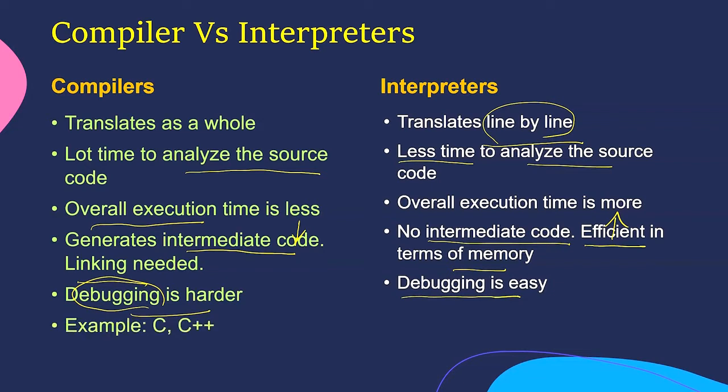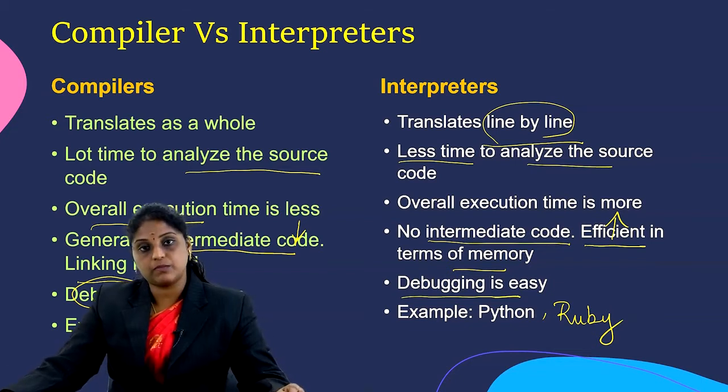The compilers are used by programming languages like C and C++, whereas interpreters are used by programming languages like Python and Ruby. So these are the major differences between compilers and interpreters.